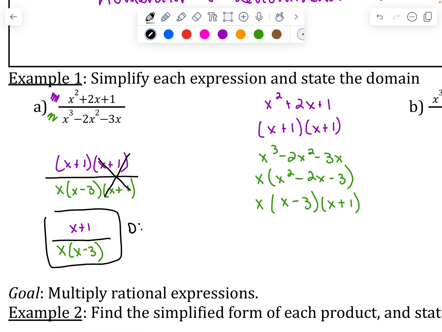Now remember, even though I canceled out that x plus 1, that still needs to be stated in my domain because like we saw in Desmos, that actually creates a hole. So there is a difference there. So x cannot equal 0, x cannot equal 3, and x cannot equal -1. That also needs to be a part of it.